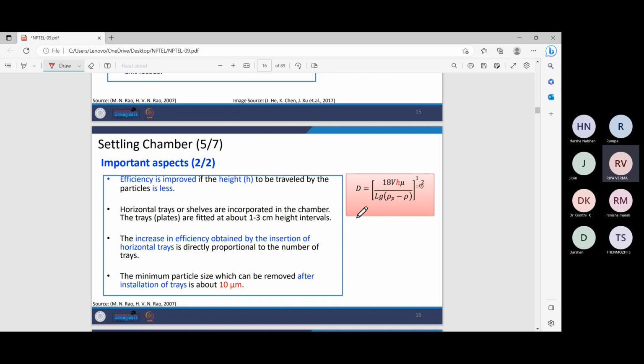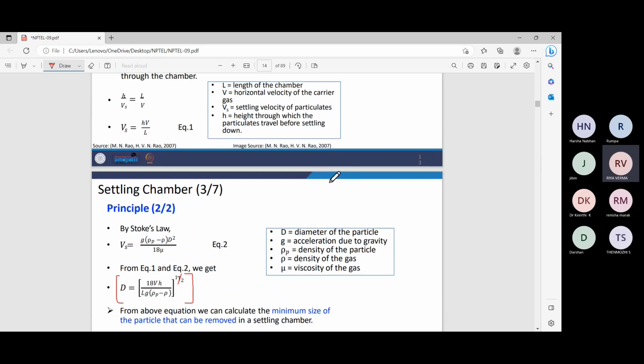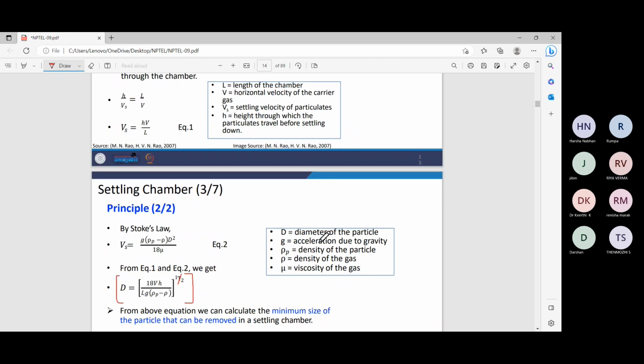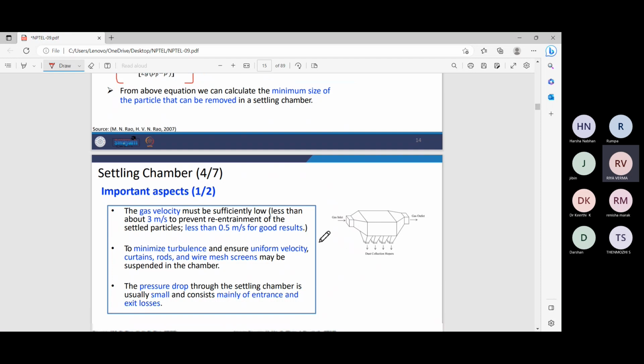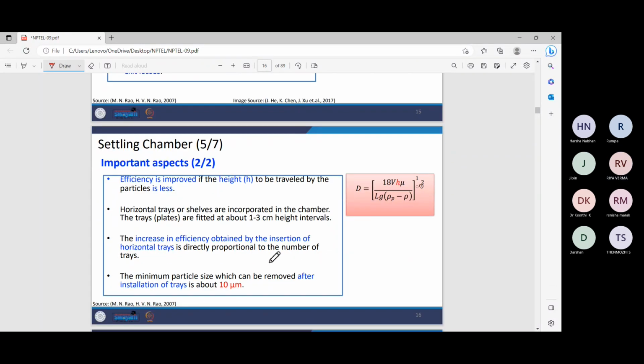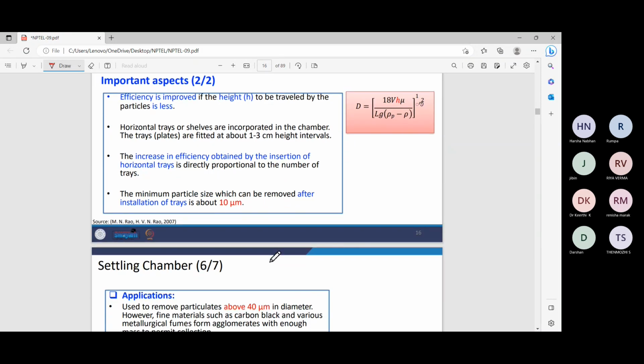So how can we improve the efficiency of these settling chambers? First of all, we can reduce the height to be traveled by the particle. If we can reduce that height, then the minimum size of particle that can be removed will get reduced, so more efficiency would be achieved.